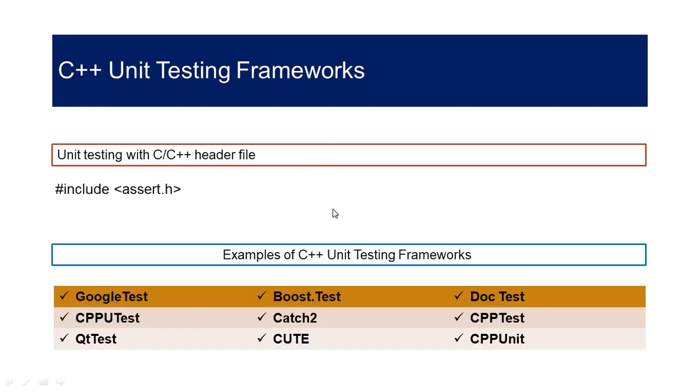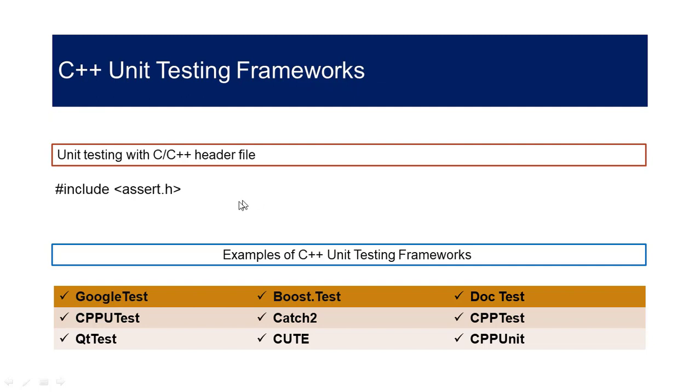C++ unit testing frameworks. In this introduction tutorial for unit testing in C++, we will be using the assert.h header file. There is also a header file called assert.h for C programming.